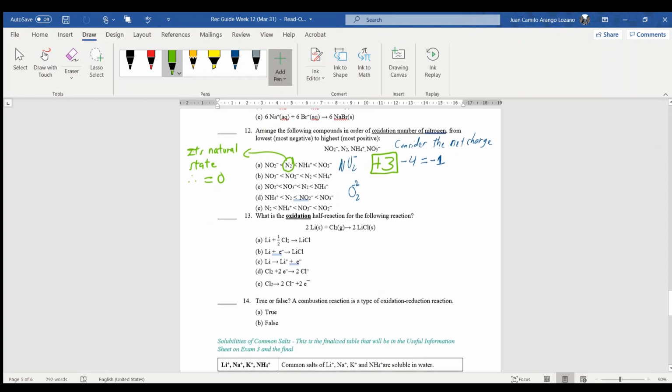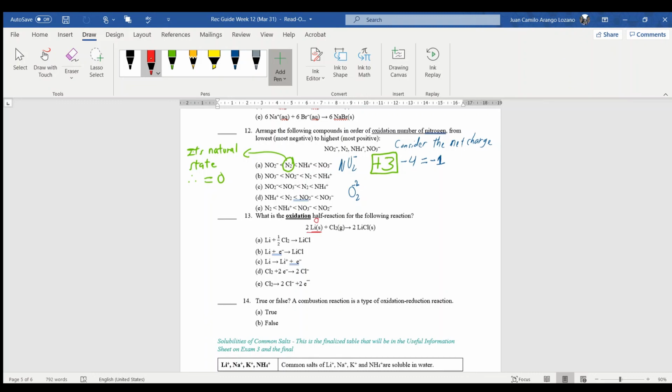Having said that, I would like to go over this oxidation. They are asking me about the oxidation half reaction of this chemical equation here. If we take a look at it, I will just go briefly over this. Lithium is in its pure state because it's solid, therefore its charge equals 0.